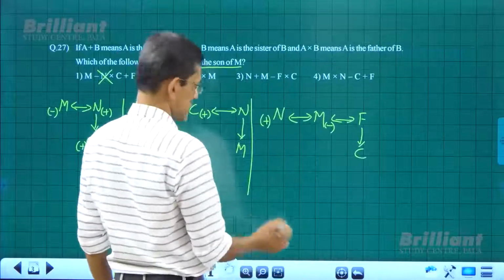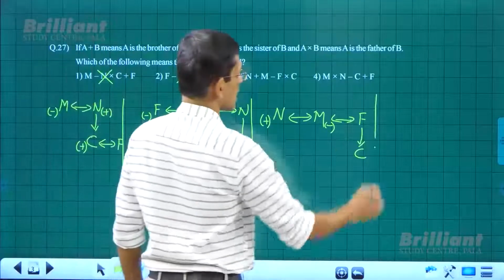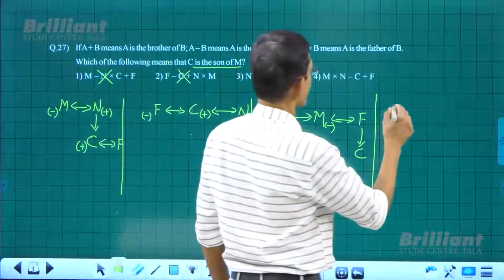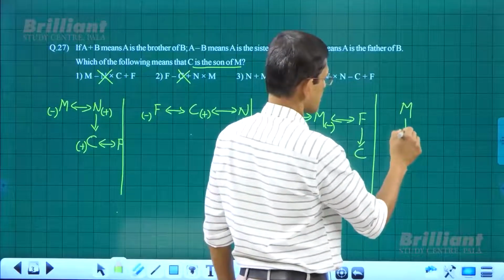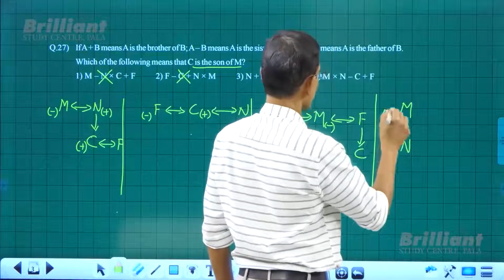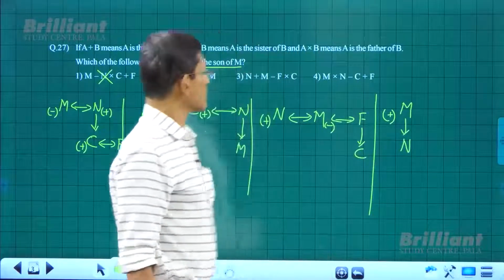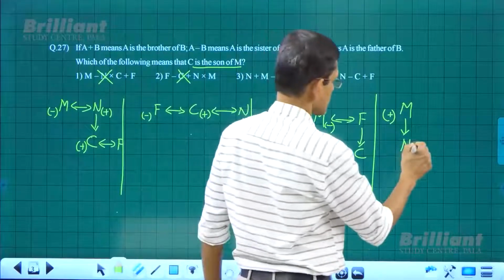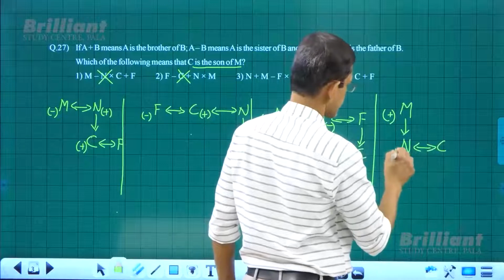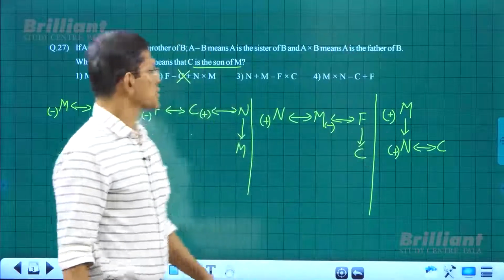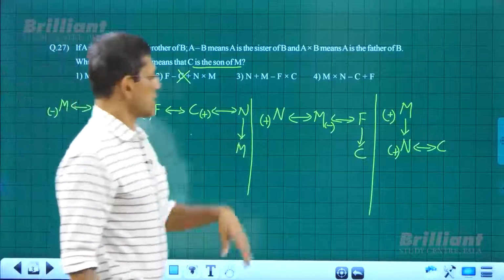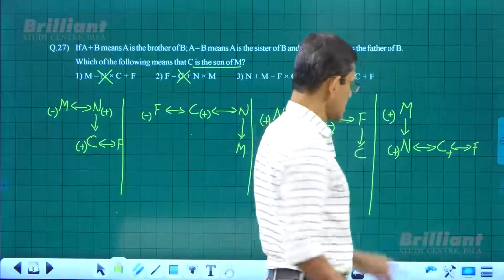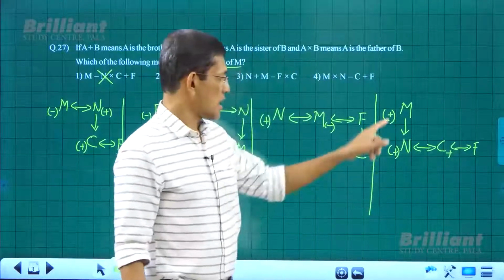Next one. Last answer choice, we'll check it out. M into N means M is the father of N. And N minus C means N is the sister of C. N must be the sister of C. And C plus F means C is the brother of F. So C must be the brother of F. So ultimately, N, C, and F are siblings, and M is the father.